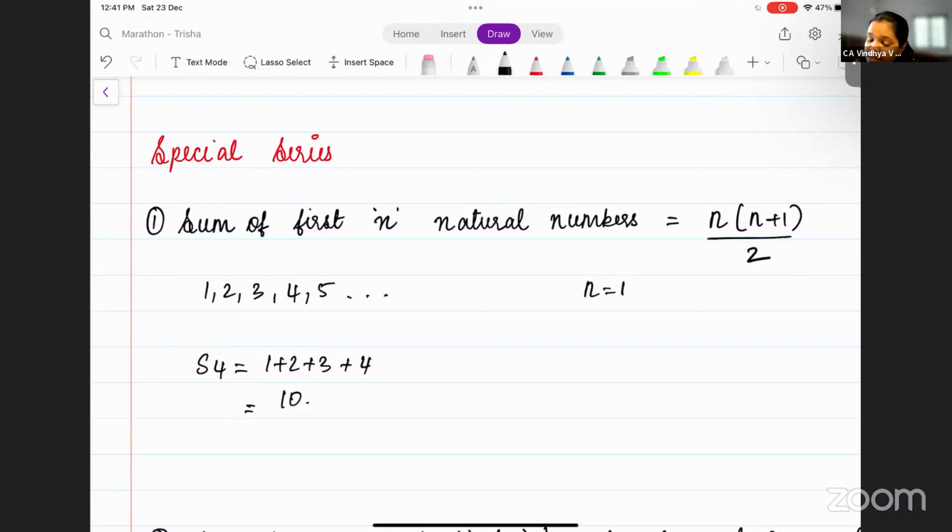Here my value of n is 4, because it's the first 4 natural numbers. So you have 4 into 5 divided by 2, which is 20 by 2, that is 10. If they ask you the sum of the first 100 or first 1000 natural numbers, you will use the value of n as 100 or 1000 as the case may be.